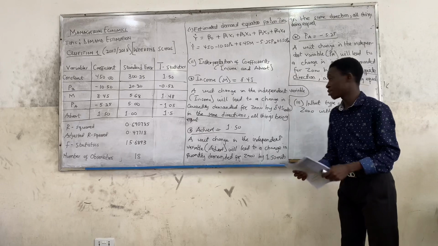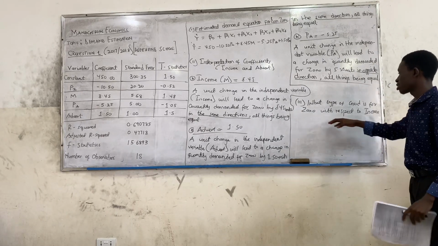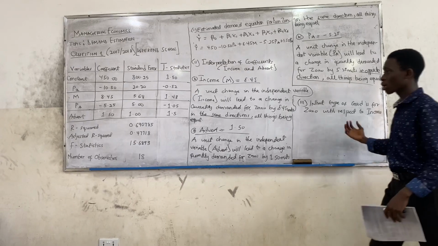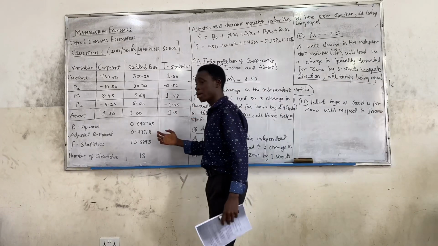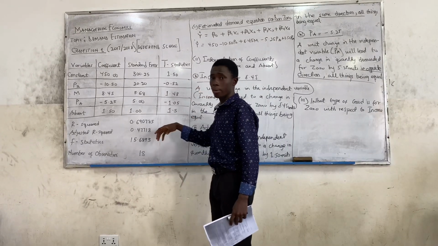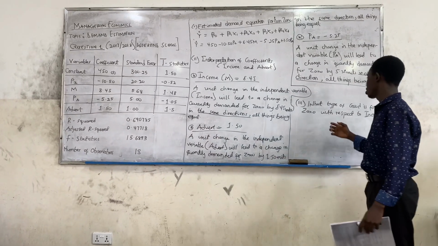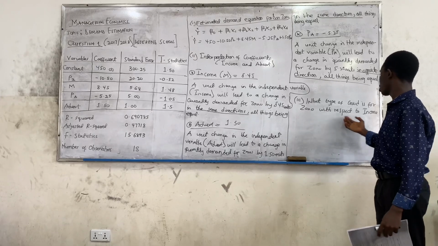The third question asks what type of good is for example with respect to income. Okay, so you come to the table. With income, we either use a capital M or a capital I. And they're asking what type of good is for example with respect to income.